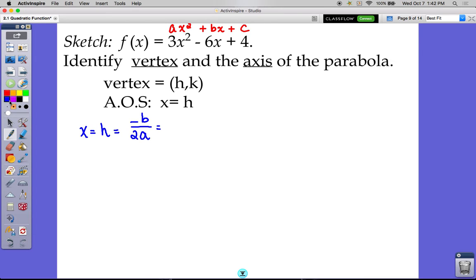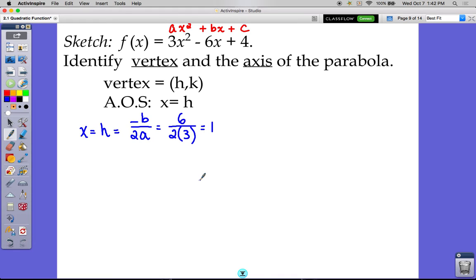So now I can say, well, -b, that's negative of -6, so that is going to be +6 over 2 times, and the number in front is a 3. So that means that the h value is 1.